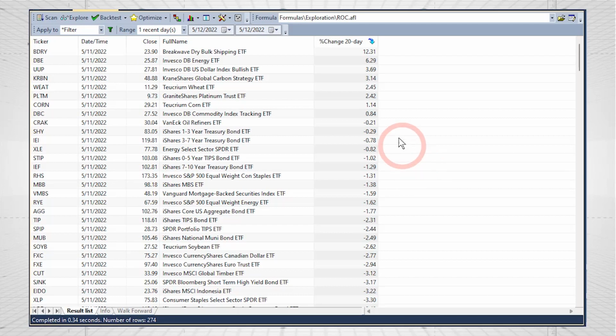And what I found was only 8 of 276 ETFs are positive over the last 4 weeks, 20 trading days. And you can see it's dry bulk shipping, energy, the dollar, carbon, wheat, platinum, corn, and the commodity tracking ETF, DBC. So clearly commodity related here, and the dollar.